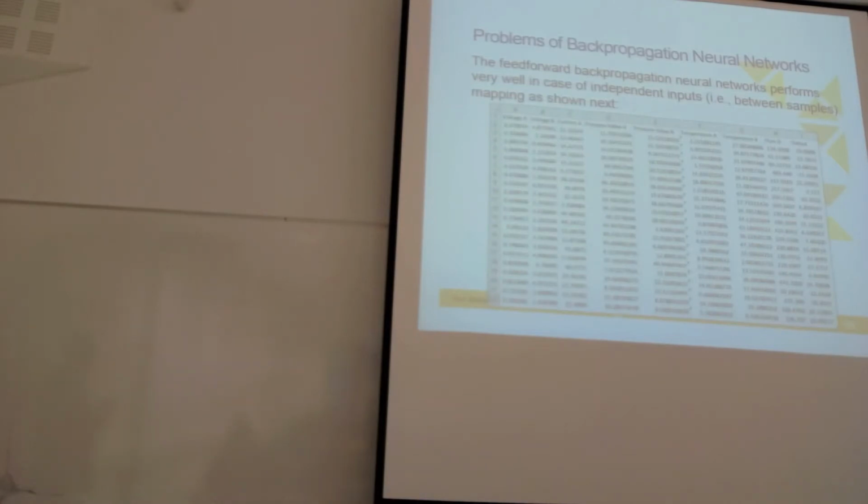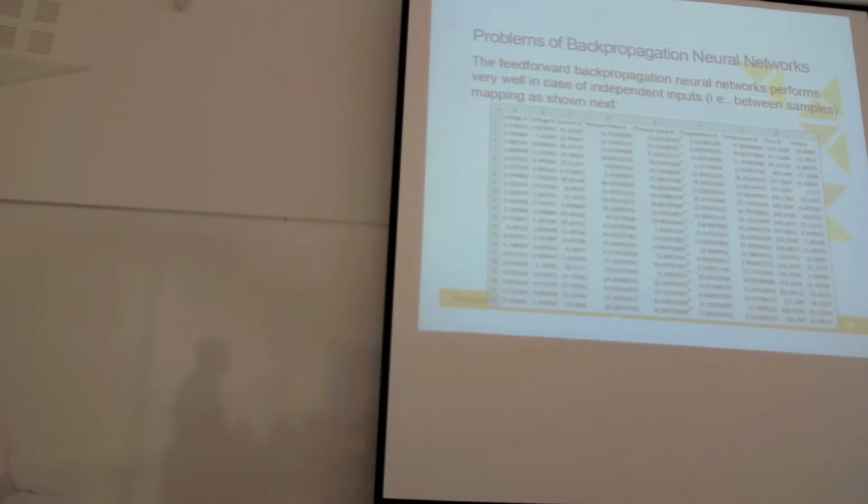But now we would like to discuss the limitations of backpropagation in neural networks. We studied the backpropagation networks, or the feed-forward neural networks, and they have several limitations. One of the limitations is that we assume the inputs are independent.